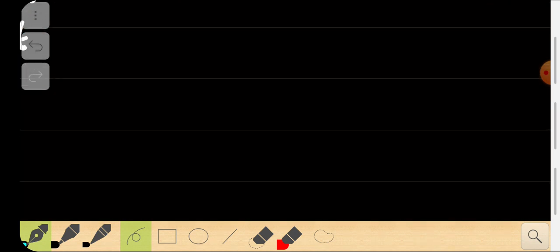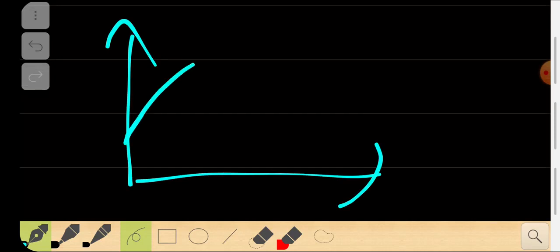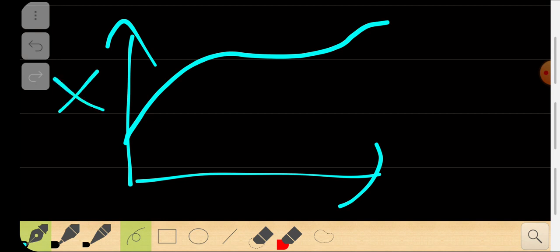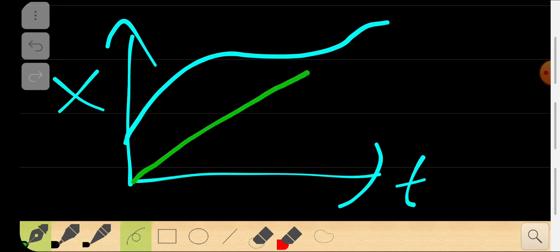If you have the position versus time graph, and you find the velocity versus time graph by differentiating the position, you get a tangent line.